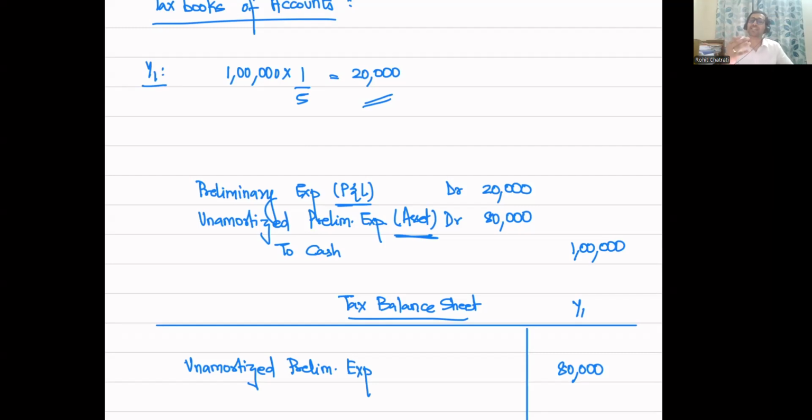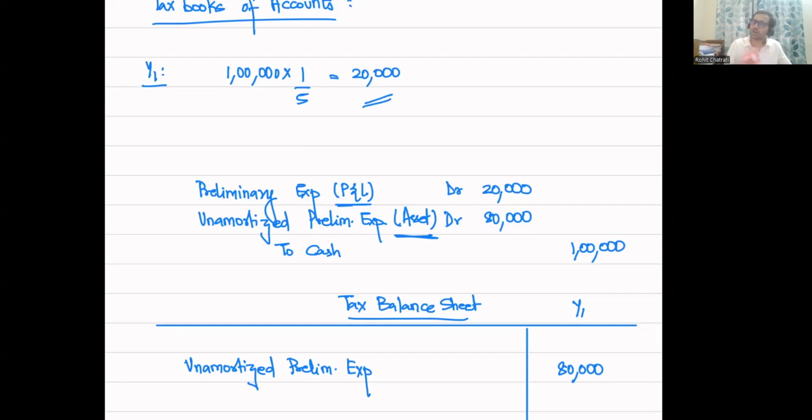All right, this is basically similar to treating it as deferred revenue expenditure. Probably in your 11th grade or 12th grade, you may or may not have learned something called deferred revenue expenditure. This unamortized preliminary expenses as per tax books of accounts is similar to deferred revenue expenditure. It's actually a revenue expenditure, but you're deferring it and recording it in P&L over multiple years, which is what the tax laws require you to do.